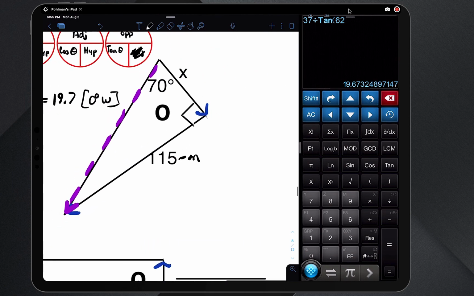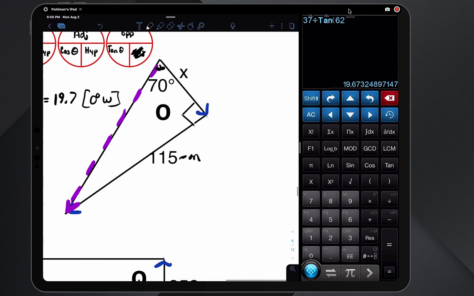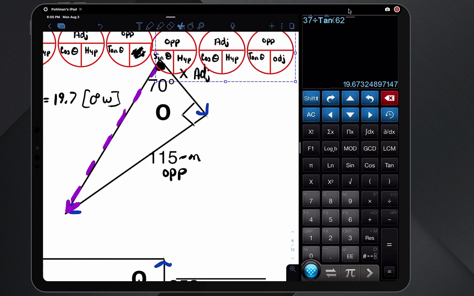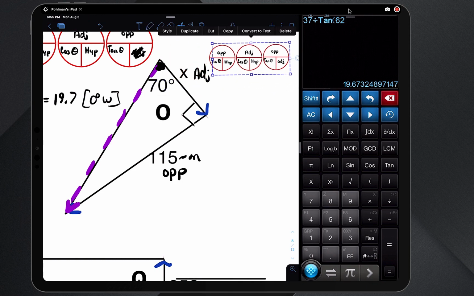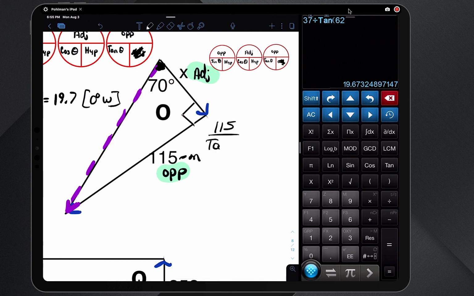We have O. O, we've got our angle here, so this is our opposite side. That's the adjacent side. We put in our values, shrink it up. Adjacent and opposite, that means I'm again working with tangent. I'm trying to solve for the adjacent side, so I'm going to have to divide the opposite of 115 by the tangent of 70.